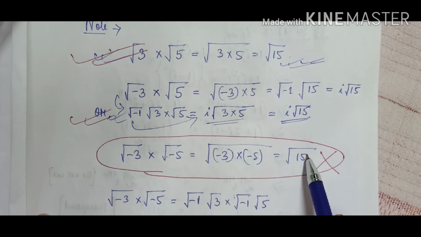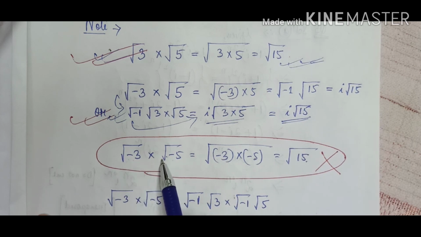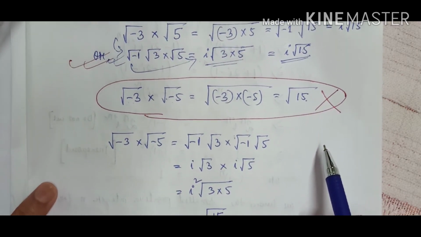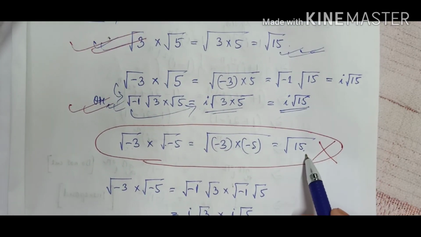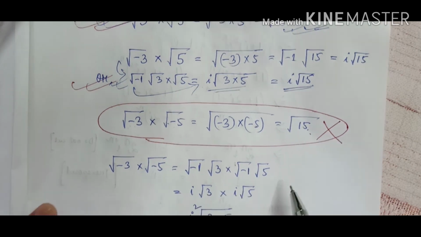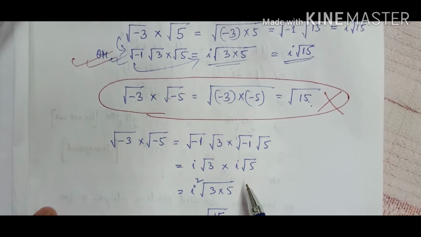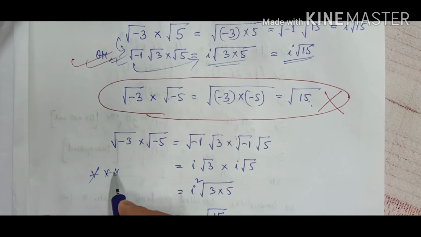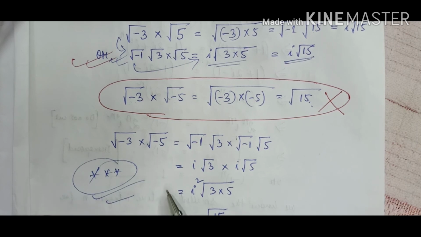If you multiply two imaginary numbers, you cannot do it like that. You have to follow always this process. This note is very important.